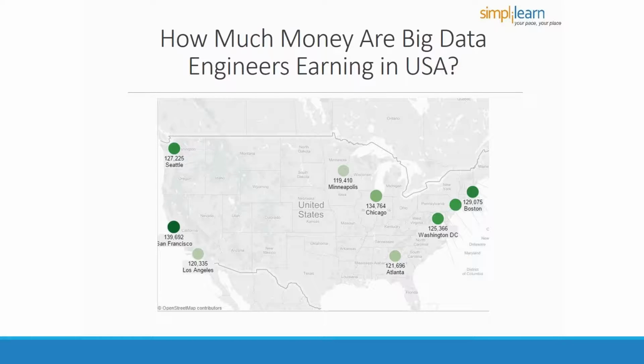But you can see that, of course, in San Francisco, big data engineers are making the most money at almost $140,000 a year. And then over in Washington, D.C., where there's more demand, they're earning slightly less at $125,000 per year. And over in Seattle, where they also have a lot of demand, people are earning about $127,000 per year.